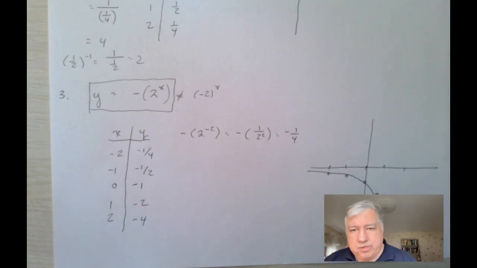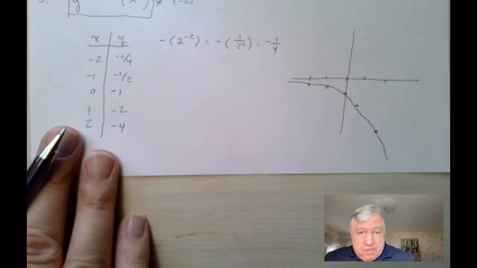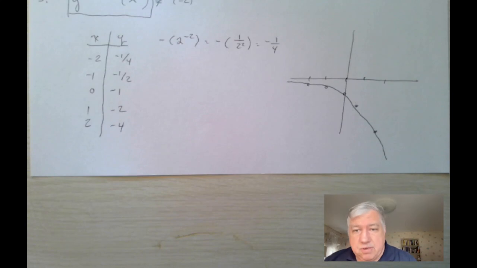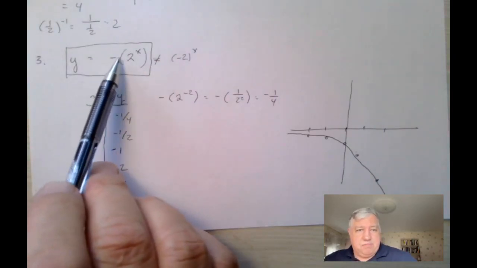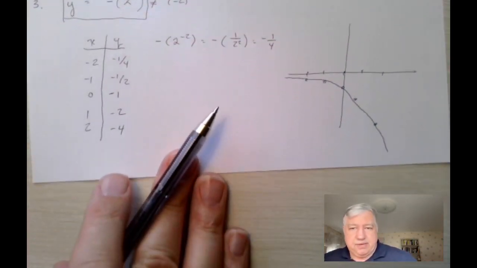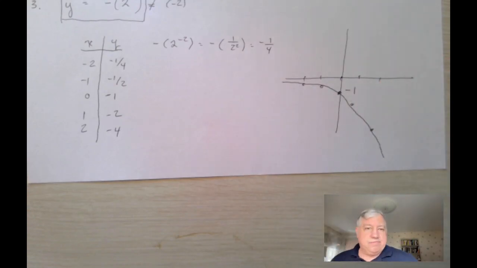Once again, this will be decreasing, but it's going to be completely below the x-axis because 2 to the x is always positive. So when you stick a minus in front of it, this will always be negative. In this case, the y-intercept will be at negative 1. That's what we get when x equals 0.